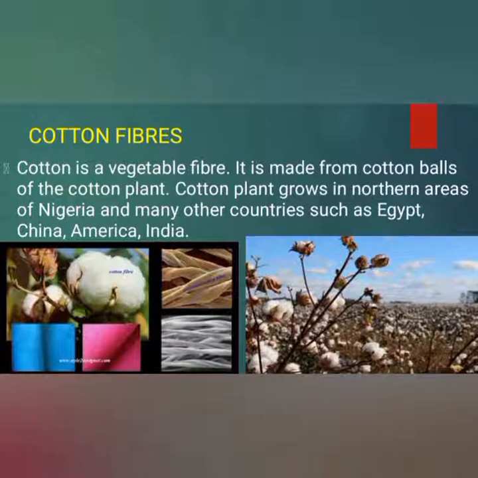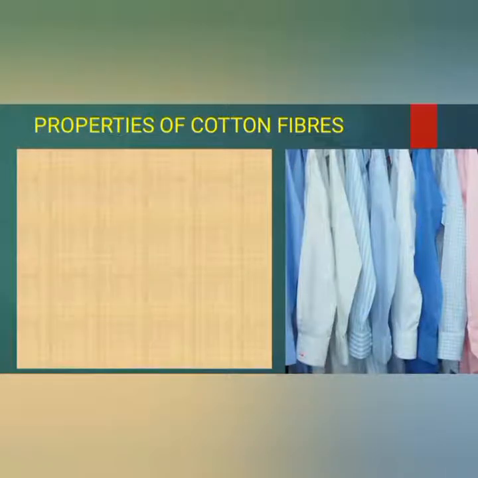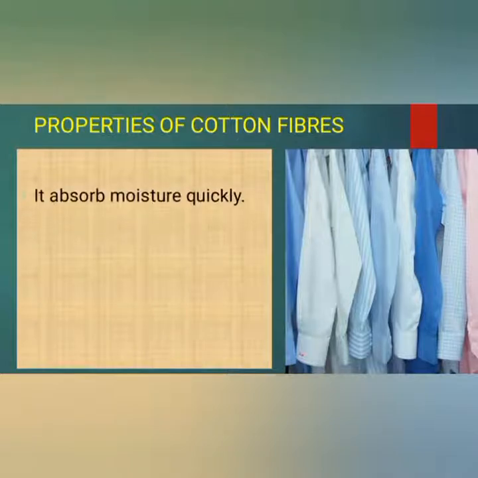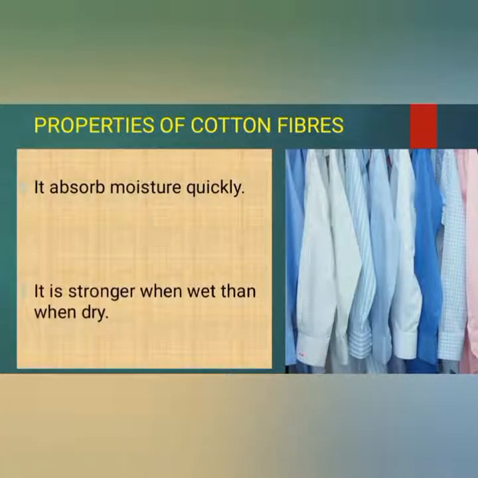So now let's know their properties. Properties of cotton fibers. It absorbs moisture quickly, same as wool fibers, which is an animal fiber. Good. It's stronger when wet than when dried.